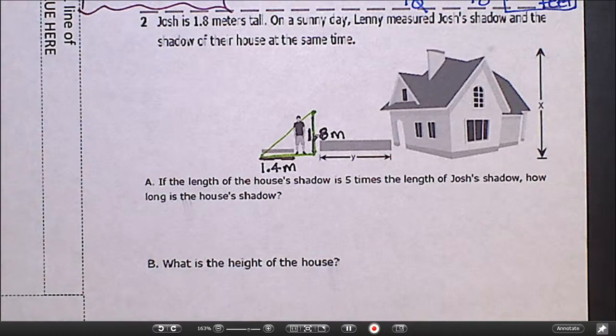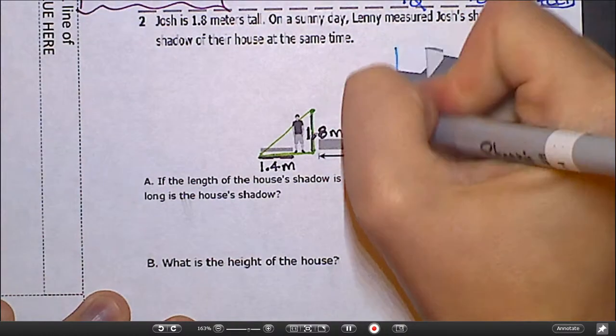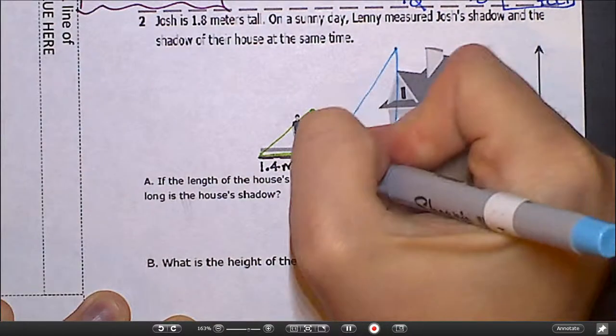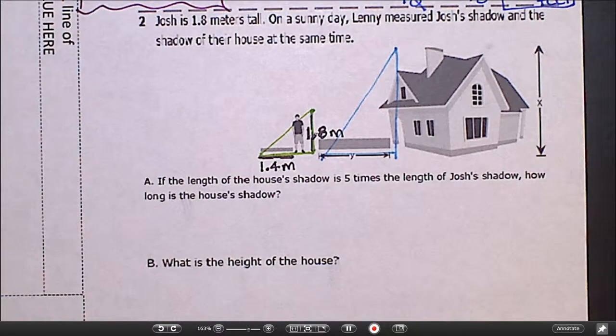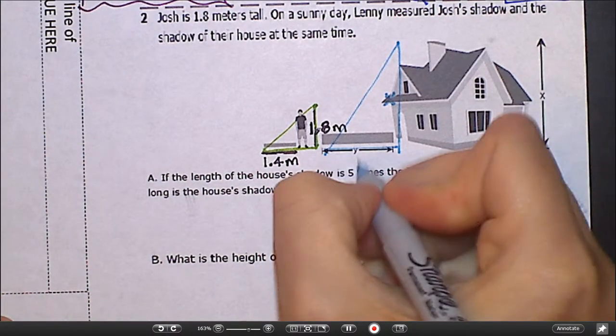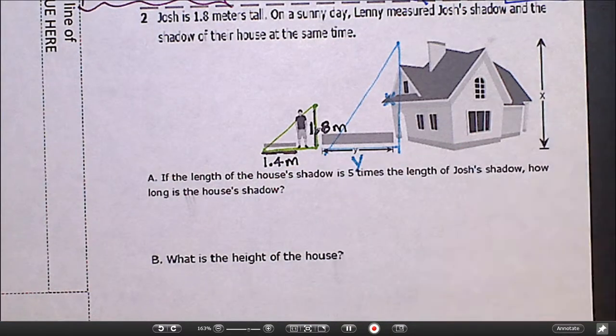And then we've got the house. We've got the height of the house and its shadow, which also makes a triangle. So these are two similar triangles. And this is our x, the height, and this is our y, the shadow.